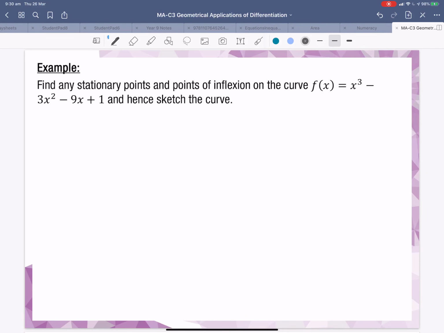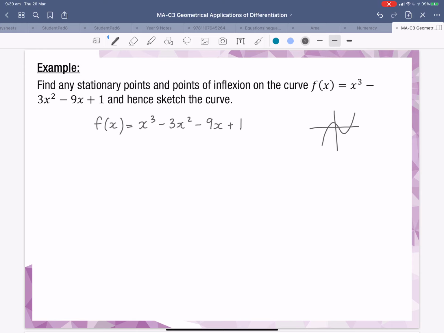So we've got f of x equals x cubed minus 3x squared minus 9x plus 1. And the question specifically asks you to find the stationary points and points of inflection and hence sketch the curve. So we know that our basic cubic is going to look like that.